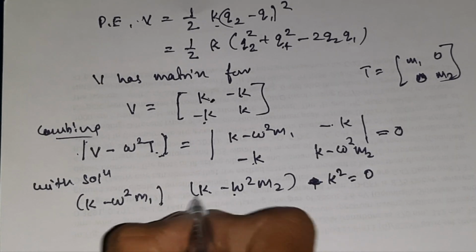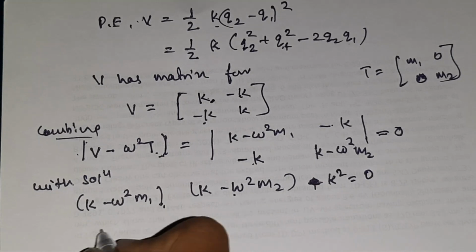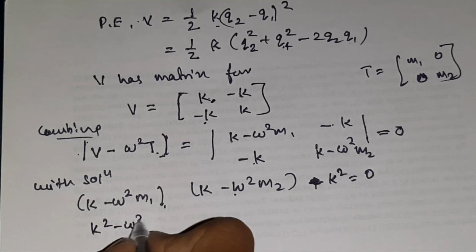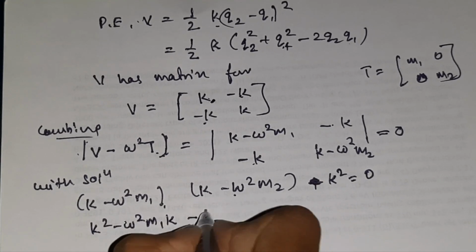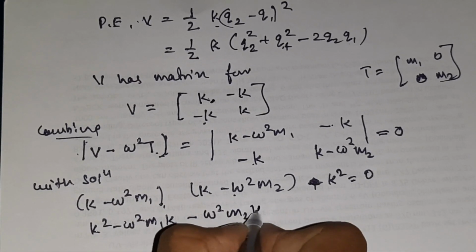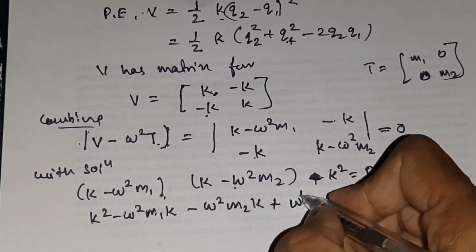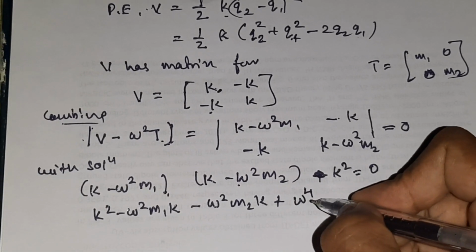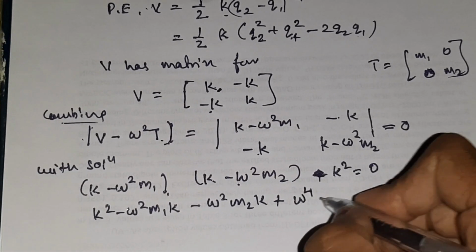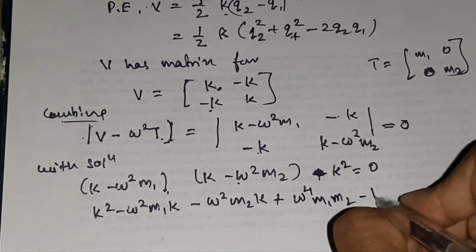If we multiply inside the brackets, we get K square minus omega square m1 K minus omega square m2 K plus omega to the power 4 m1 m2 minus K square.